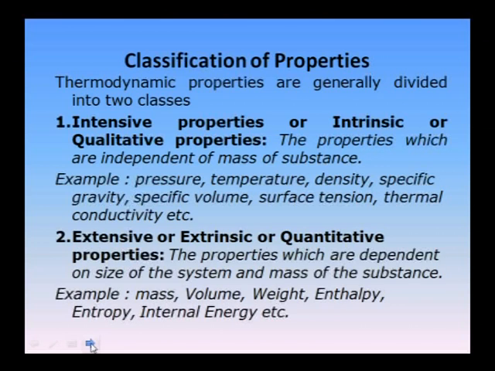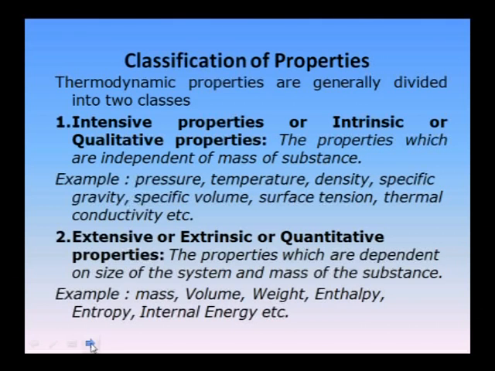I will just define it: the properties which are independent of the mass of the substance. That means the value of the property does not depend upon the mass. Then it is called what? Intensive property. Example, pressure, temperature, density, specific gravity, specific volume, surface tension, thermal conductivity.